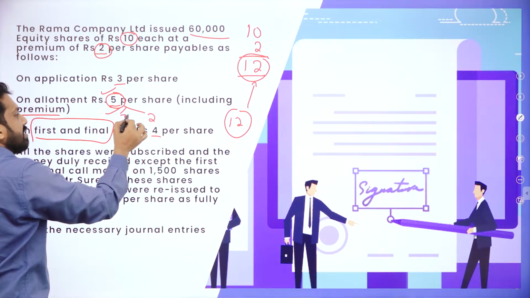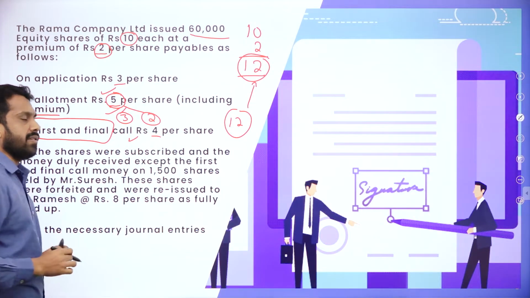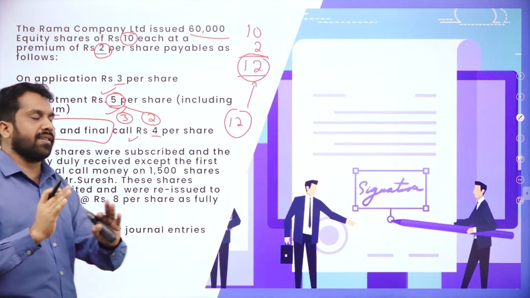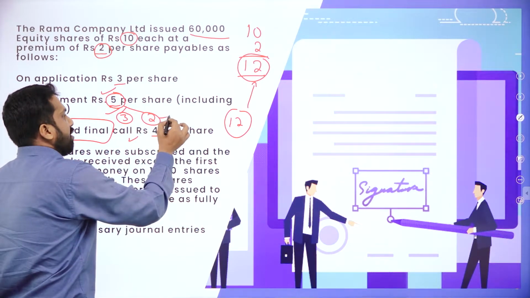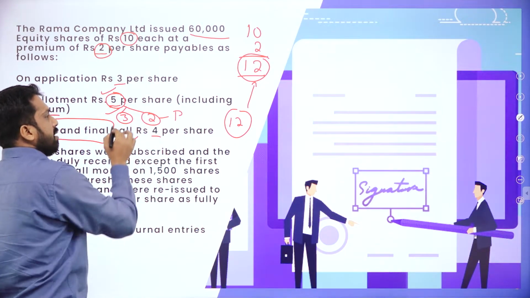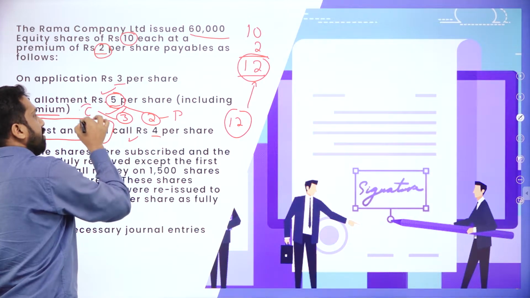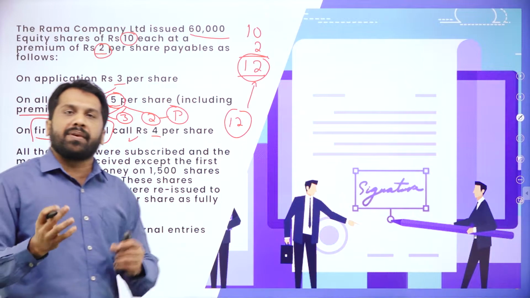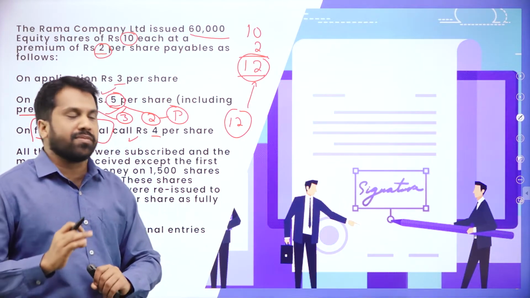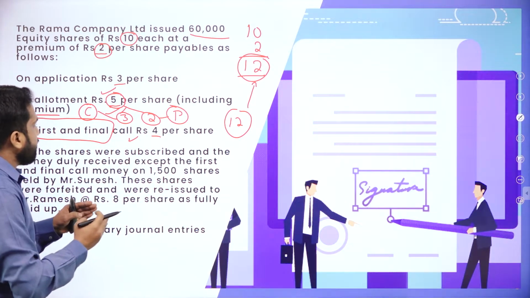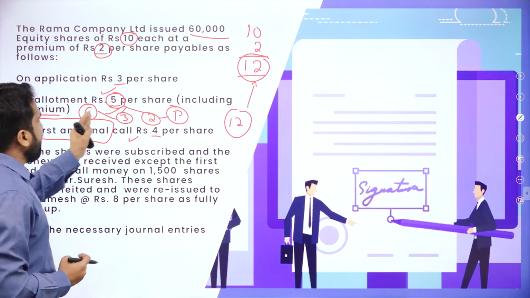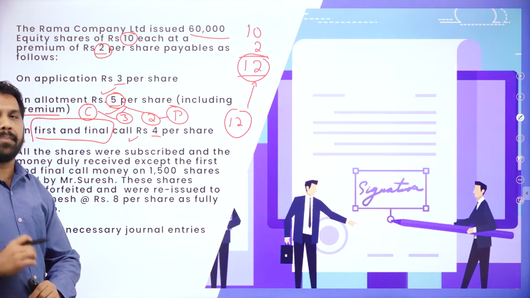What is the balance? 3. Clear? In every problem like this, you have to bifurcate. This 2 rupees is premium. This 3 is capital. So the allotment includes premium, and we have to bifurcate it. The premium will be separated as premium and the balance value will be called capital.